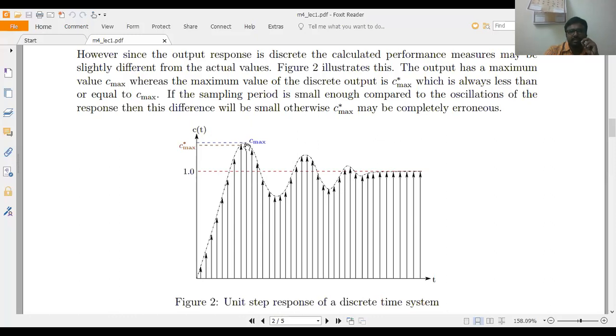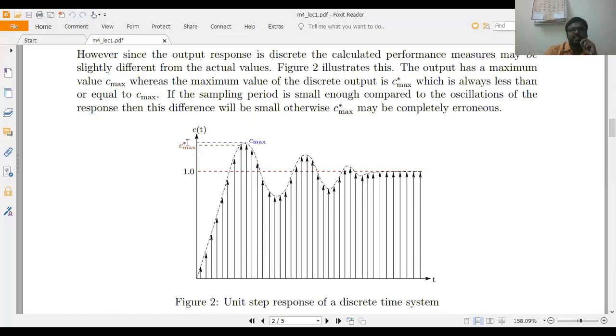So let us consider the maximum value. The maximum value is going to be represented as C max. While talking about the discrete output system, this maximum value is represented as C max star, or C max conjugate.